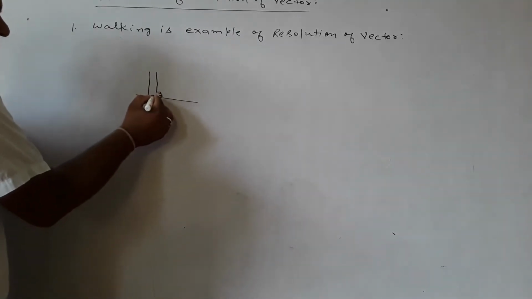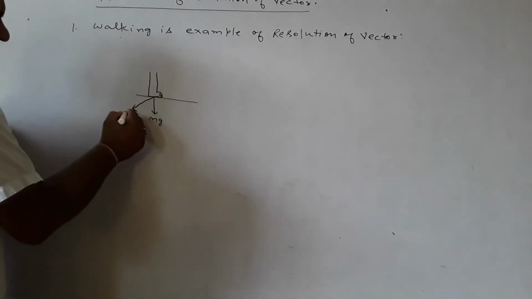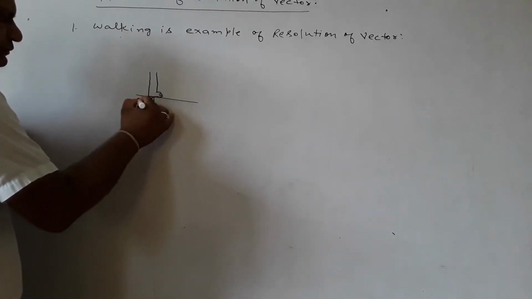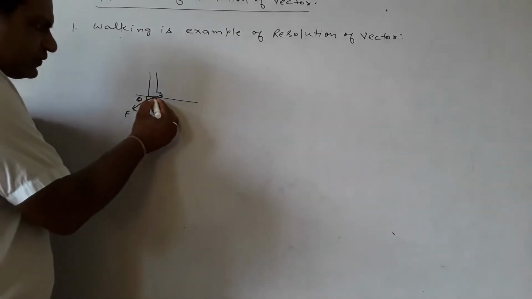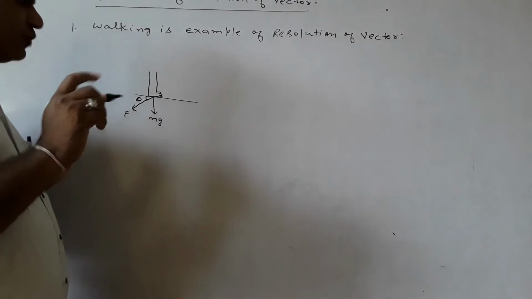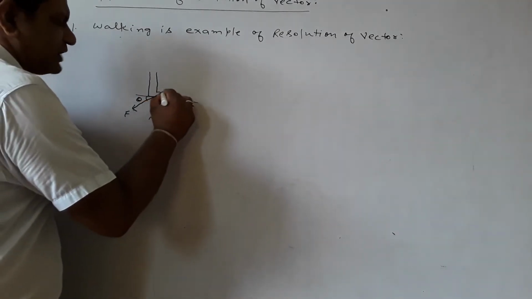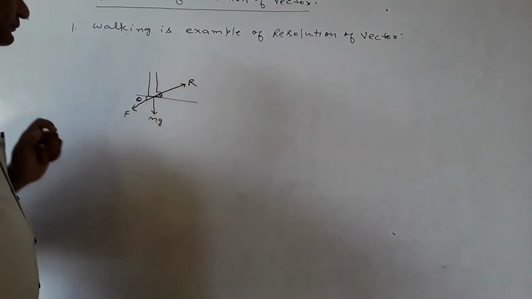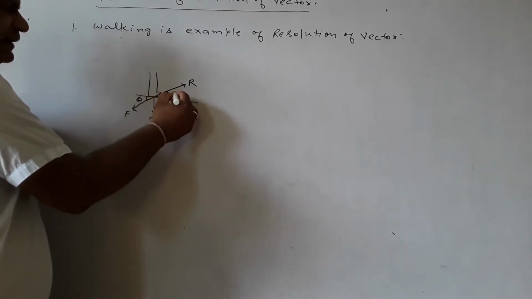The person applies force F on the ground, making an angle theta with the ground. According to Newton's third law of motion, the ground exerts a normal reaction on the person, which is capital R. This is angle theta.